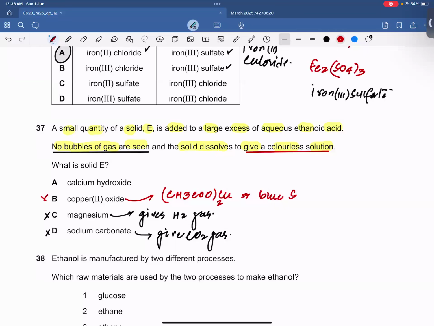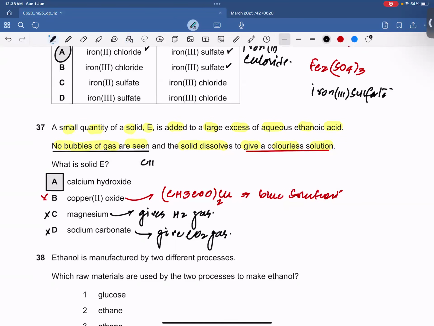Why A is correct? Let me explain to you. And we have done this in class. Ethanoic acid is basically a weak organic acid. Calcium hydroxide is an alkali. So technically it is a neutralization reaction. And so you will get calcium ethanoate and water.